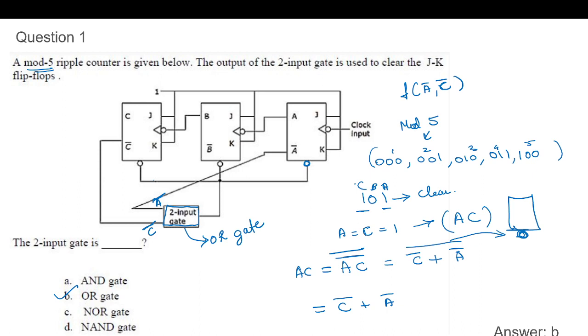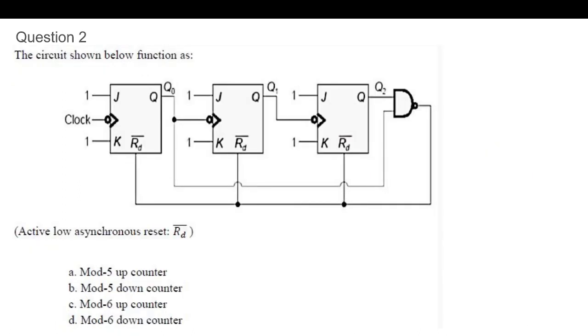So going to the next question. The circuit shown below functions as, and it has active low asynchronous reset RD. So we are resetting the flip flop with this logic which is Q2 and Q0.